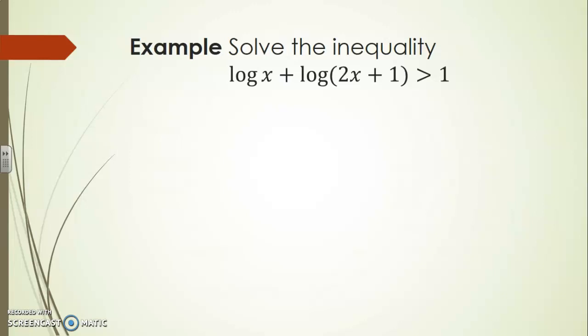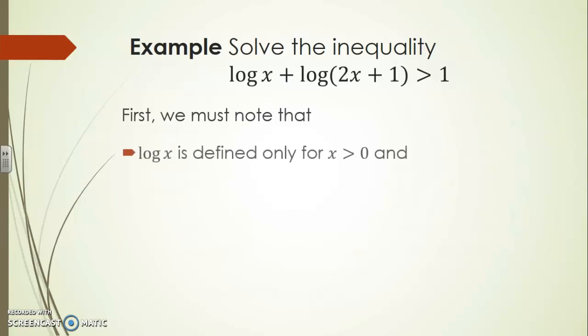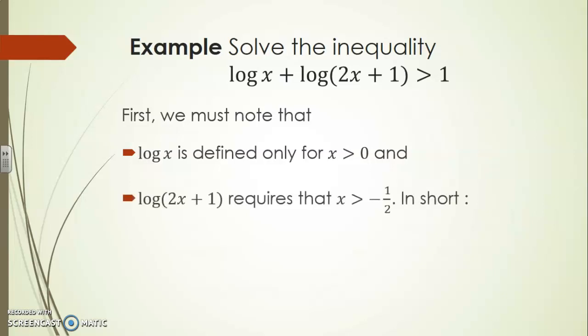Alright, last situation. So here we're going to solve an inequality where log of x and log of 2x plus 1 must be greater than 1. Okay, and now before we solve the inequality itself, we have to remember where these terms are well defined. So first of all, log of x individually is only defined for x's greater than 0.